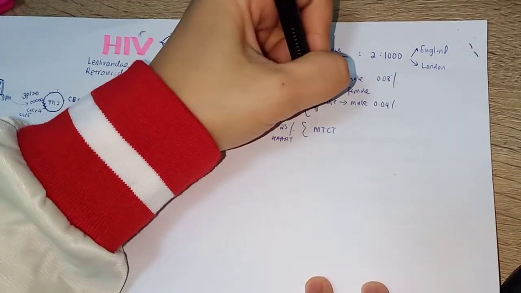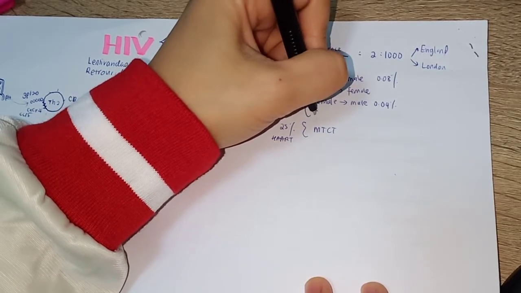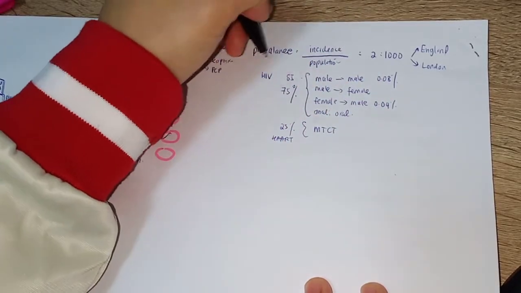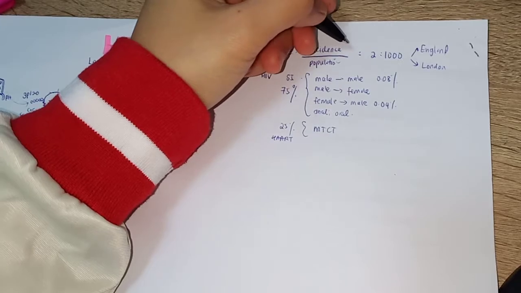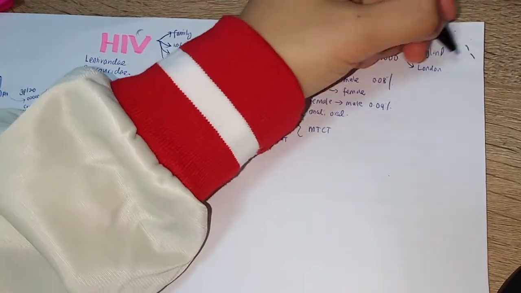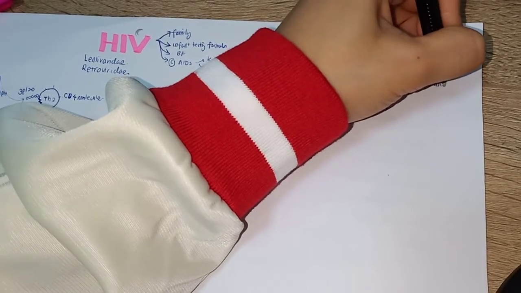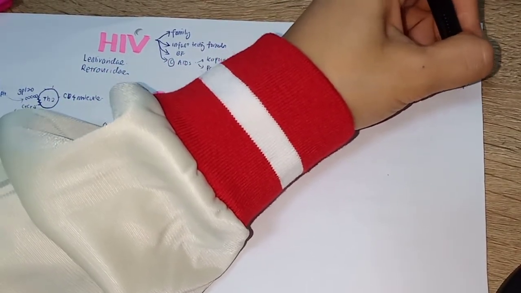Anal sex and oral sex also contribute to this percentage. In MRCOG part 2, they're going to ask about the percentages. For example, receptive anal sex is about 1.1%.